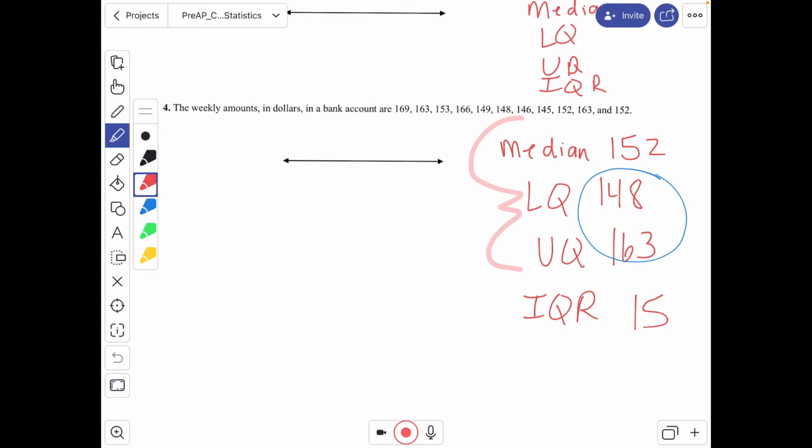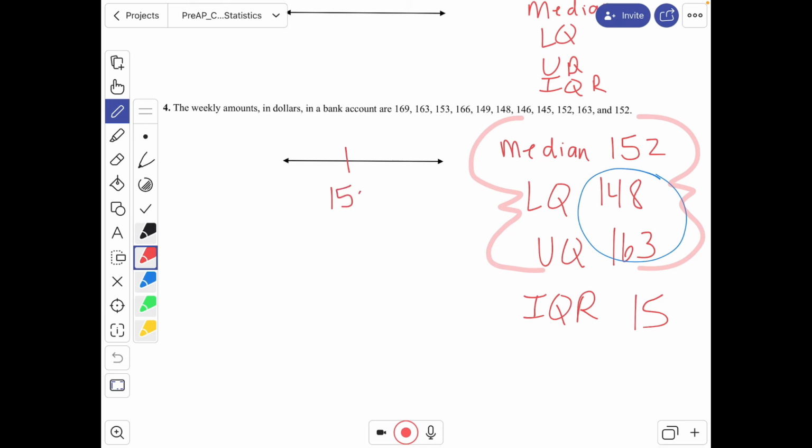But these three numbers I'm going to put on the number line. And my number line doesn't have any numbers, but the median is 152, so I need a line at 152. And the lower quartile is 148. I'm going to need a dot at 148.